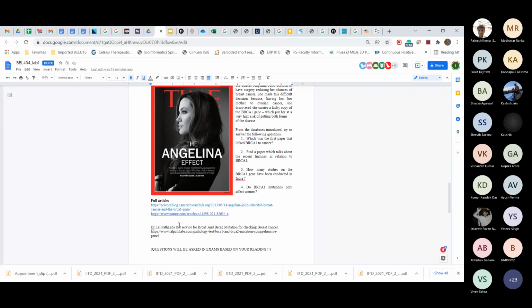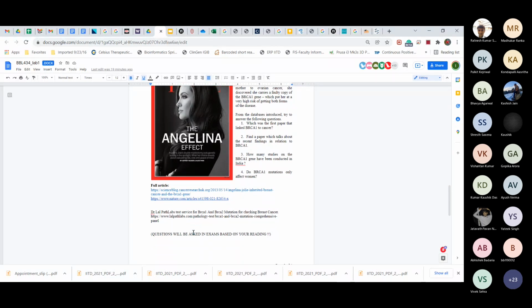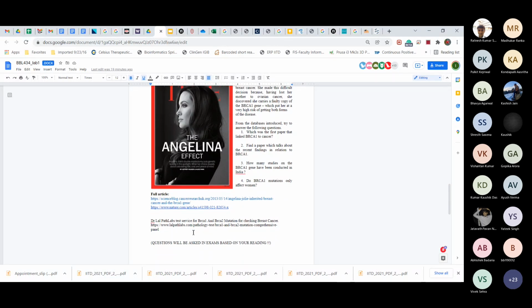You can also look at this particular test being offered by a very popular pathology lab in India, Lalpath Labs. You can click here and see what this test looks like if somebody wants to get it done, and understand how these things are offered to you as a consumer of these services.